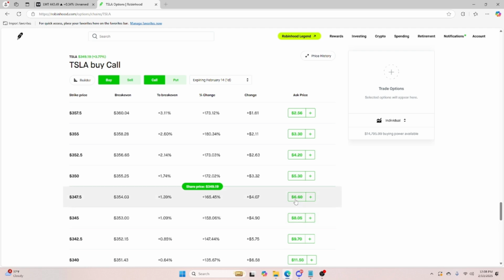Because you have two people on this transaction. You have the buyers, which we're trying to buy, and then you have the sellers right here, and they're trying to sell out of their positions. It's a two-way transaction. Same thing if you were to go to a grocery store and go buy something, right? Somebody's selling you that product. This is the same thing. Okay, so don't try and overthink this.